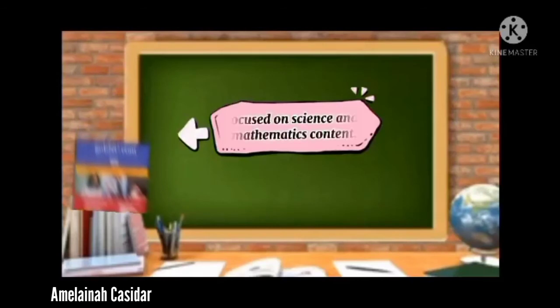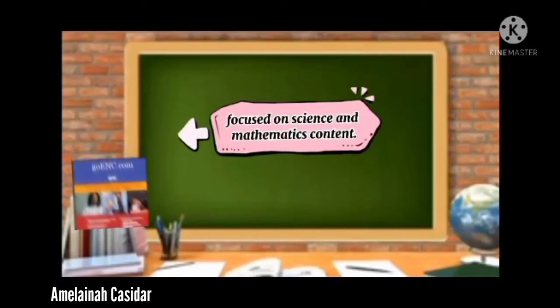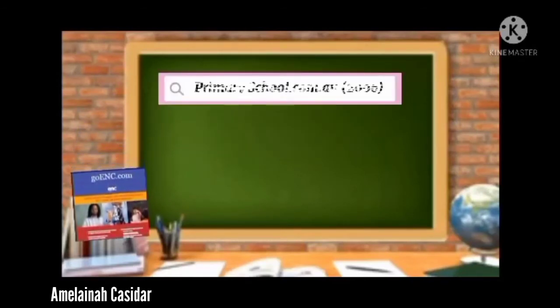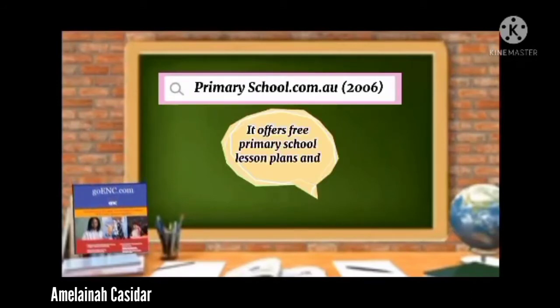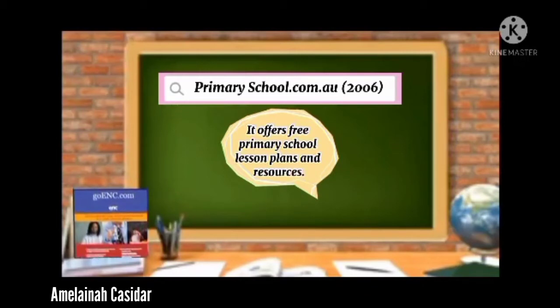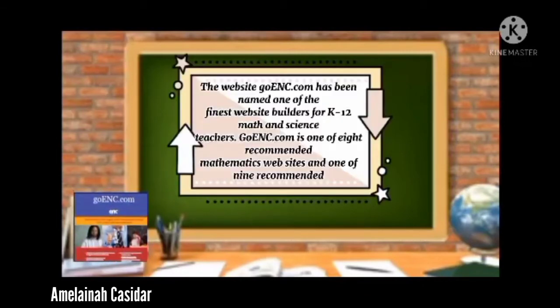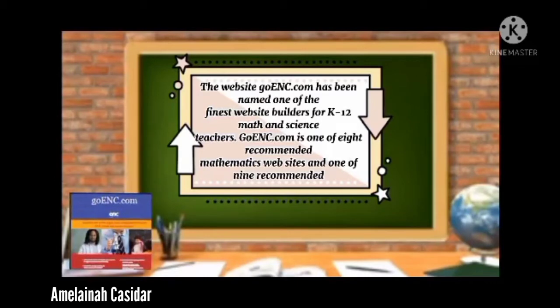Then the second one is Goens. It focuses on science and mathematics content, where PrimarySchool.com AU 2006 offers free primary school lesson plans and resources. The website Goens.com has been named one of the finest website builders for K-12 math and science teachers.